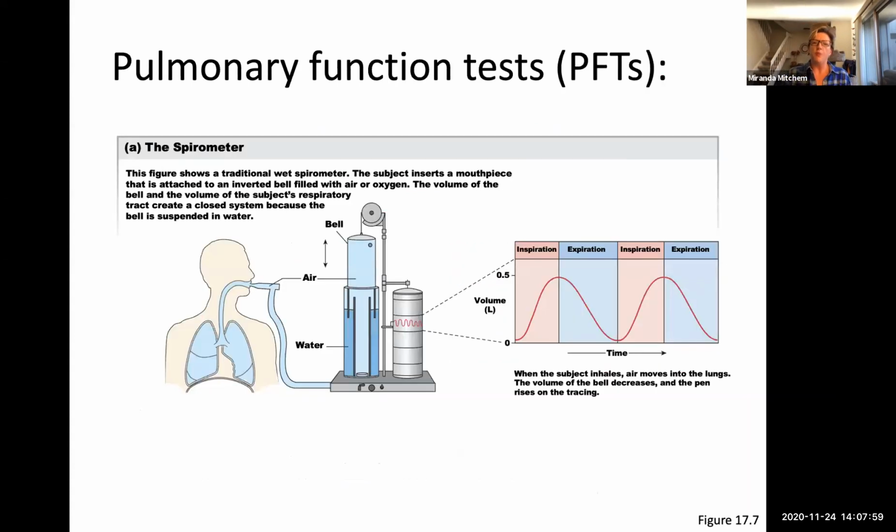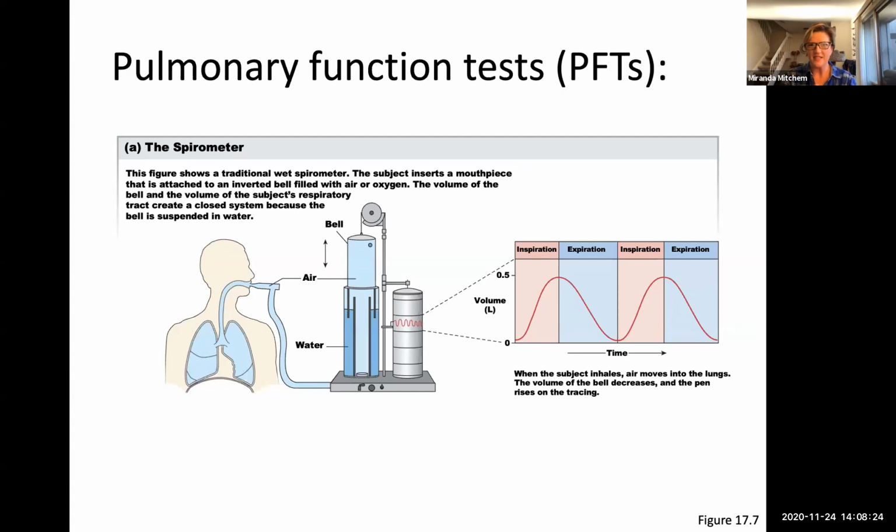Okay, so pulmonary function tests are done by a technician typically, and that is their job. They administer these tests. And the way that we do it in lab is quite a bit different from how it's done for a clinical purpose.